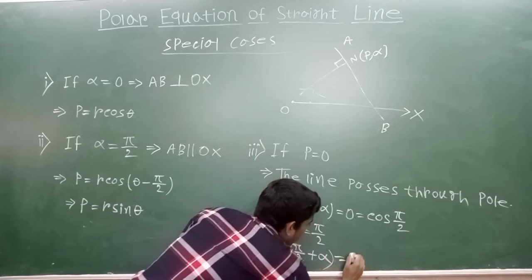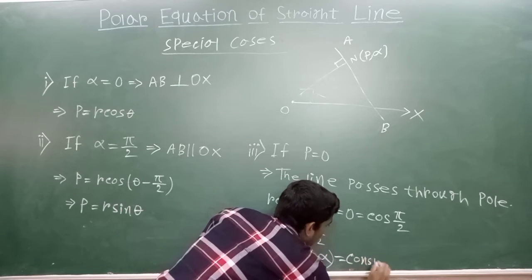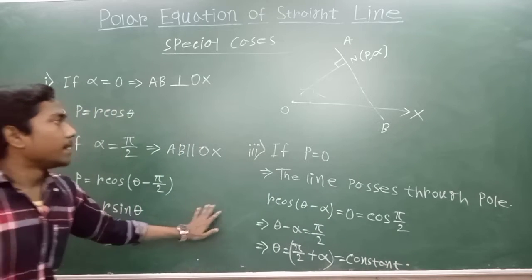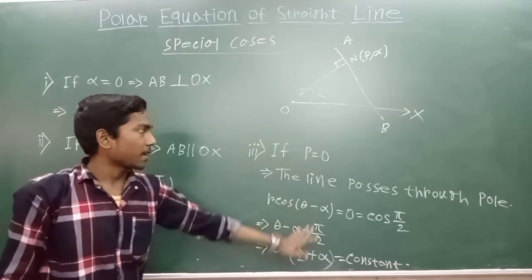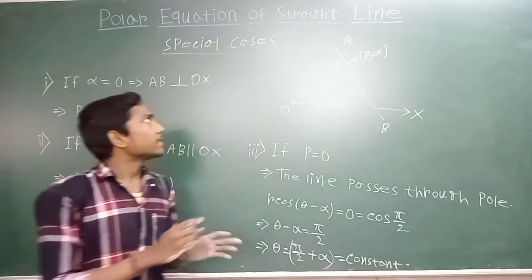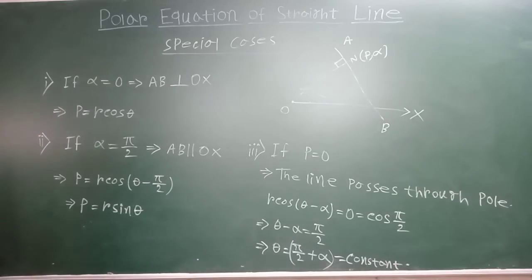Okay, so this is a constant. This is a constant. Okay, so if P is equal to 0, then the straight line passes through the origin and theta becomes a constant. These are three special cases. You must know these special cases.